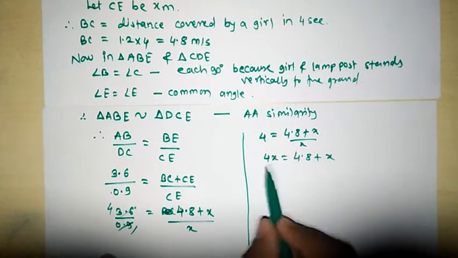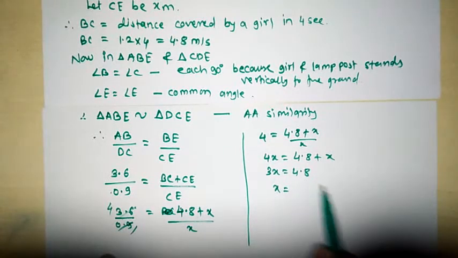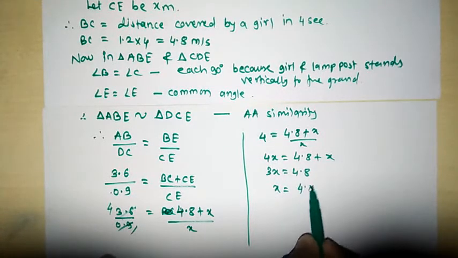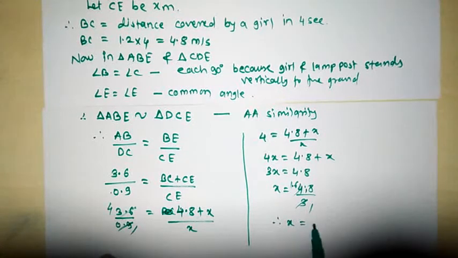Now send this x also towards the left hand side. 4x minus x is equal to 3x is equal to 4.8 we get. Then x is equal to, send this 3 towards the right hand side, 4.8 divided by 3. 3 ones are 3, 3 ones are 3, and 1 will remain. 3 sixes are 18. Therefore we got 1.6. Therefore x is equal to 1.6 meter.